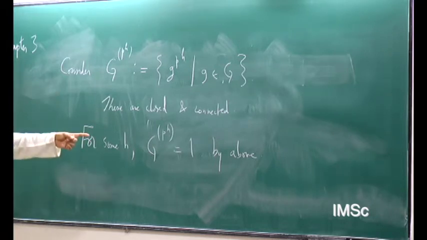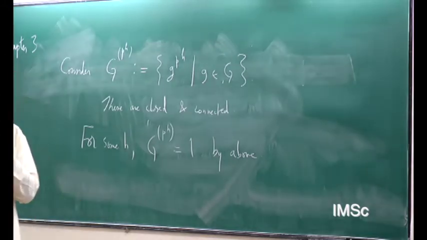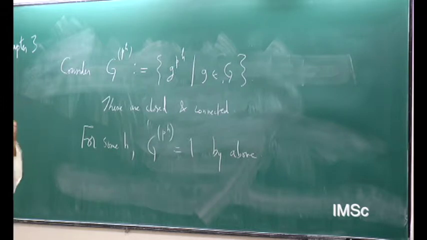Now I claim G to the P must be equal to 1. Why? Because it's closed and connected.